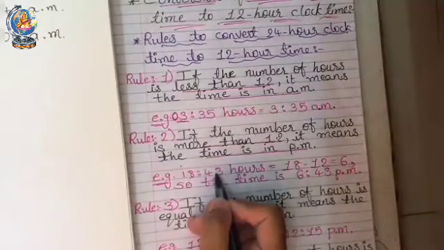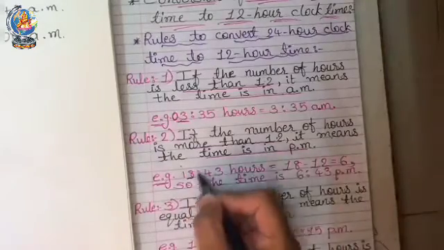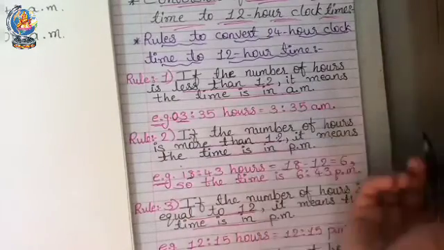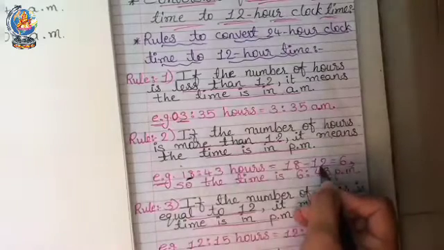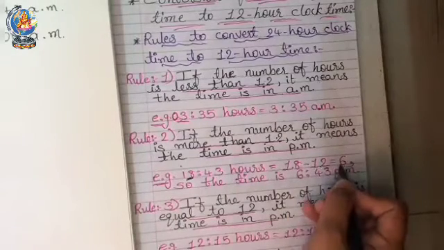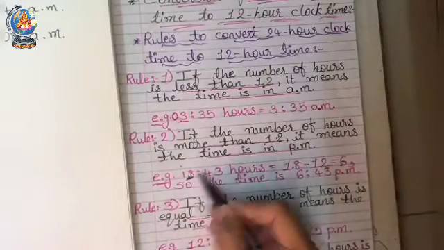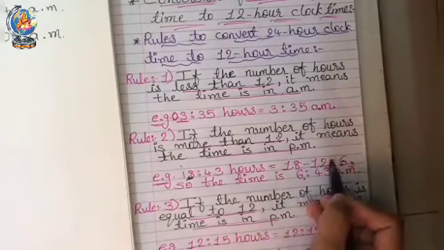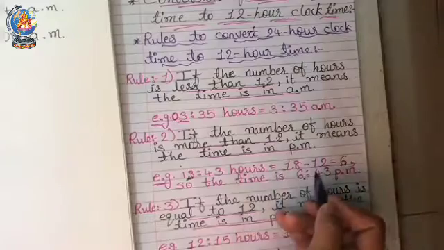This 18 is greater than 12, so what I did, I did 18 minus 12. How much will it be? 6. So instead of 18, I wrote 6, which I got as the answer. So the time is 6:43 PM.